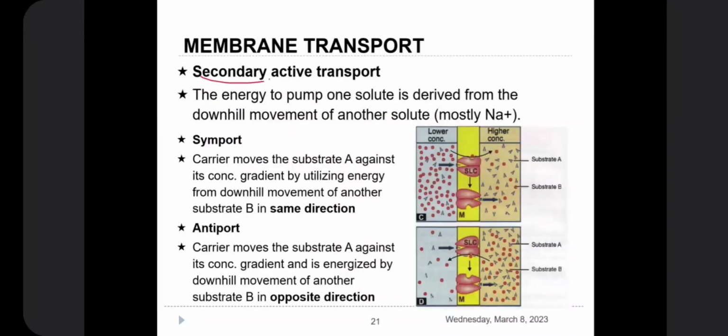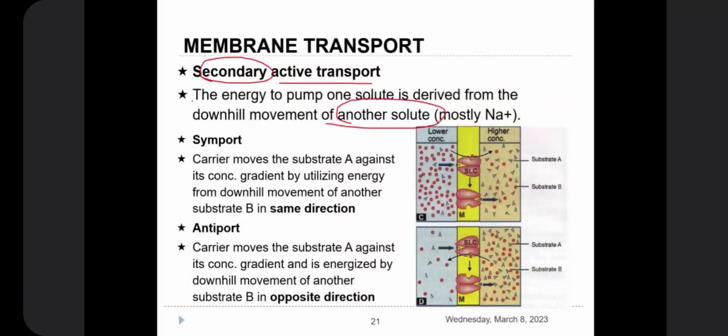Next is secondary. Secondary active transport means the energy is not directly from ATP, but from another solute's movement. When another solute moves, it produces energy, and this energy helps the active transport of this solute.